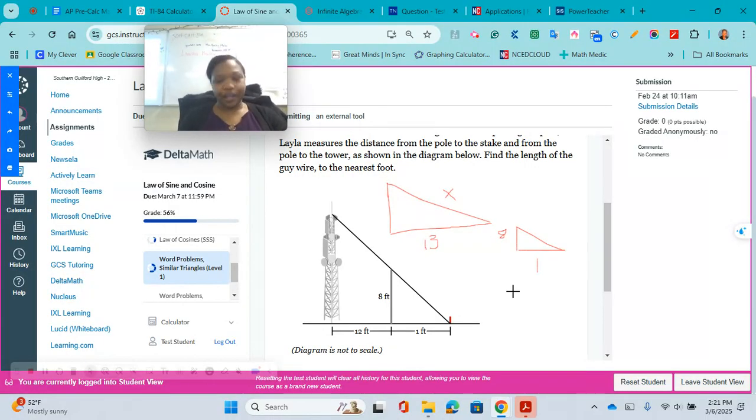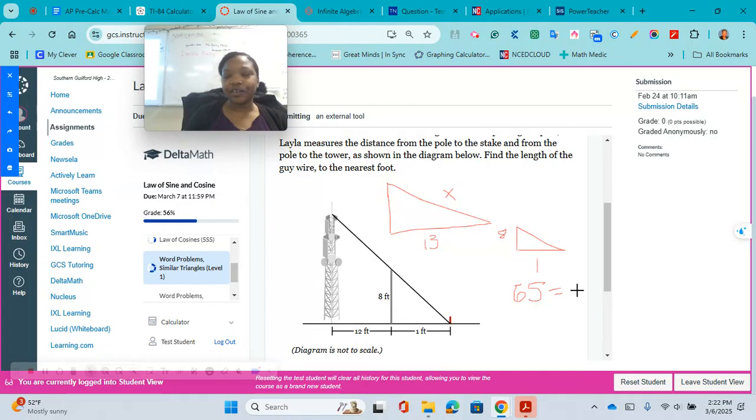You see it? Oh, okay. Oh, I see. All right. 8 squared plus 1 squared is 65. And then this is the last step. What do we do? It would go 65 right there. 8 squared plus 1 squared equals what?